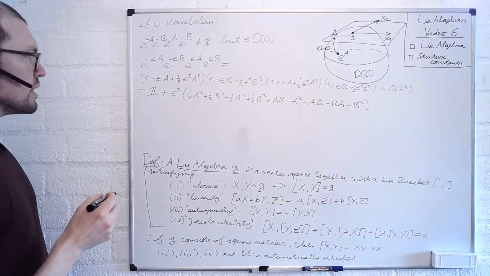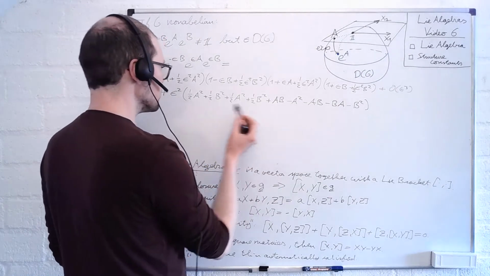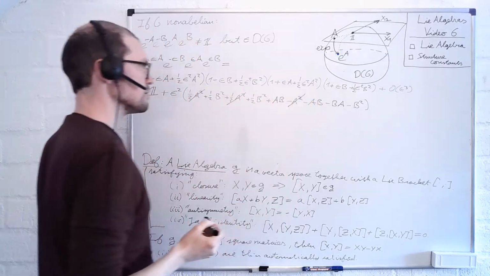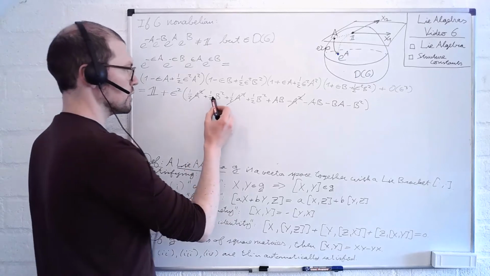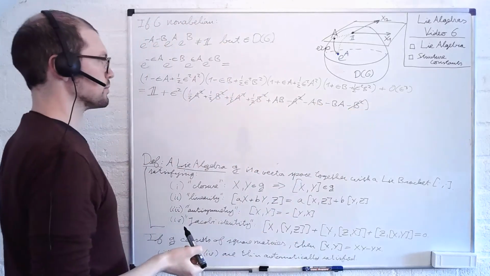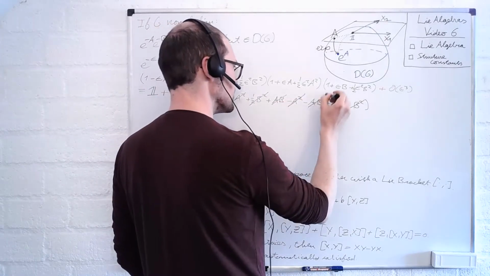So let's see what is left here. I get 1/2 plus 1/2 minus 1 of the a squared, so these terms cancel. I get 1/2 b squared plus 1/2 b squared minus b squared. Here I have ab minus ab.